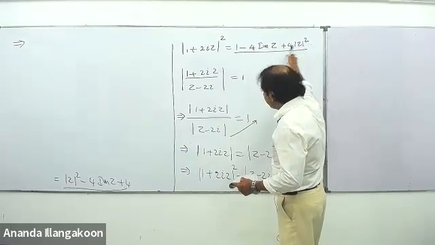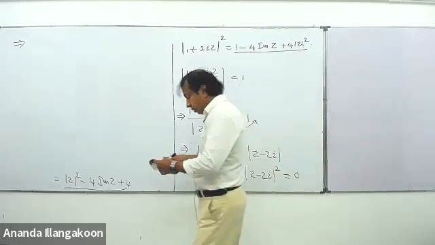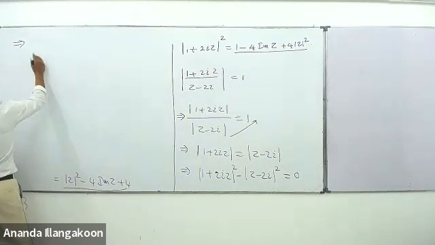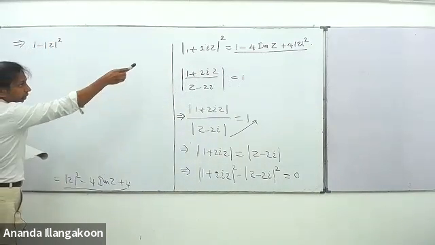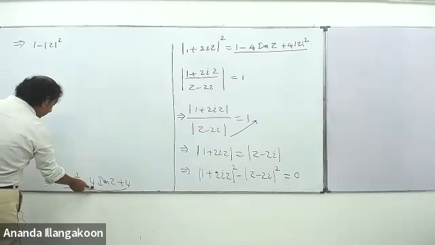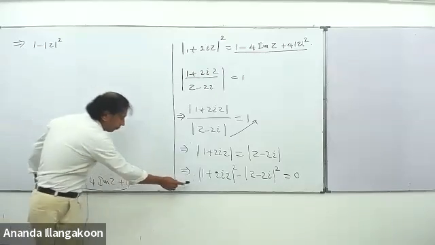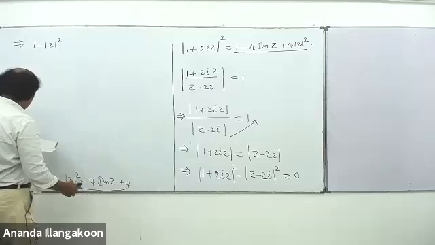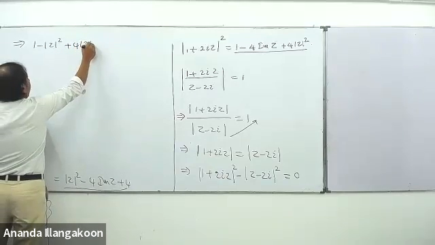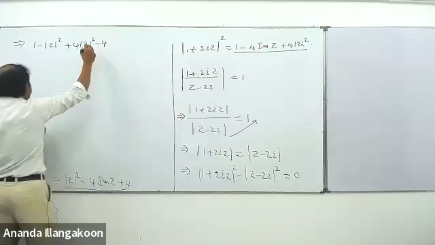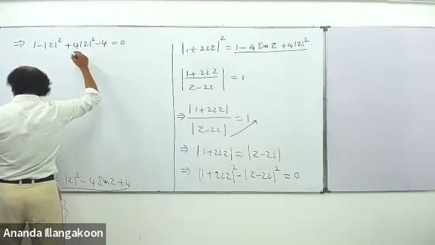And then we get 1 minus mod z perfect square, right? That, the right hand side minus this, is this. Then 4 mod z squared minus 4 equals 0, right?